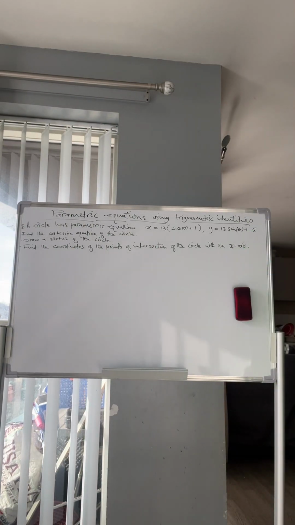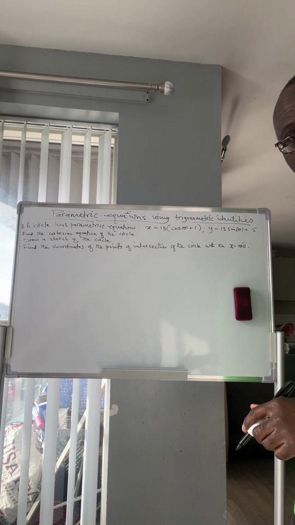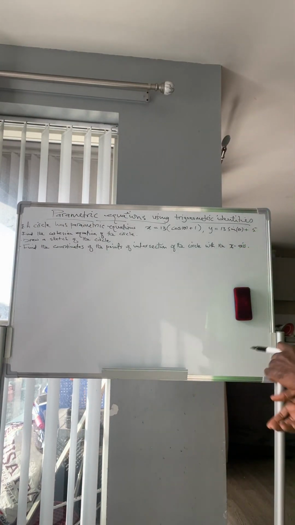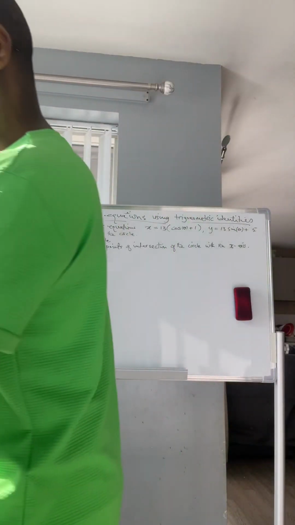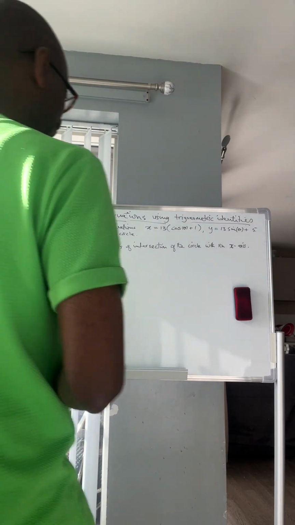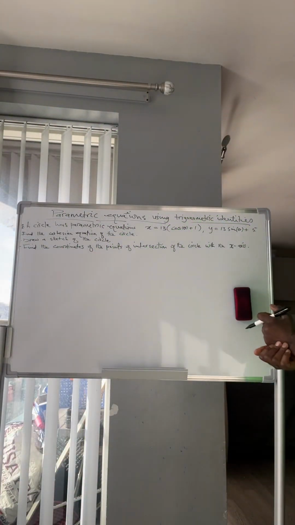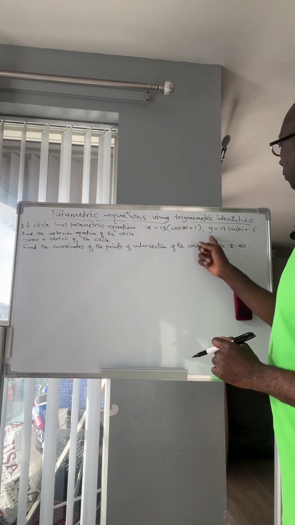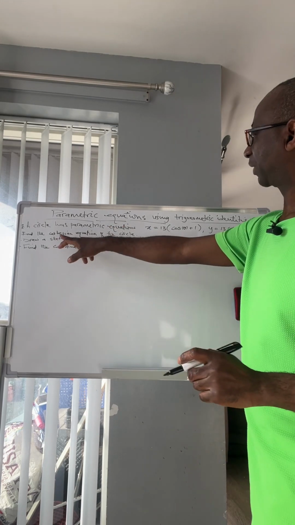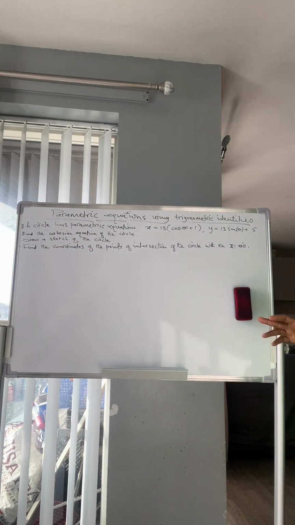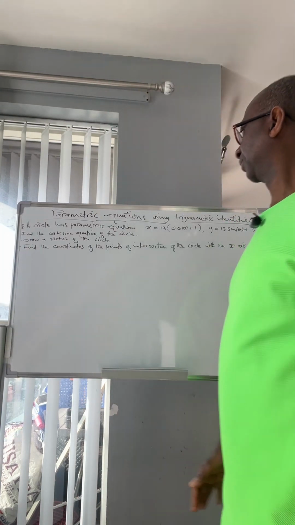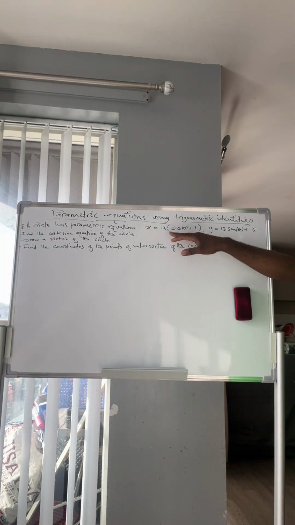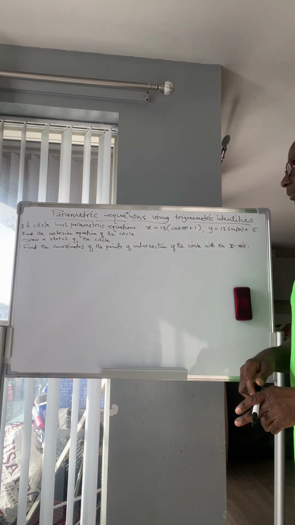We now know what we should do with parametric equations. You always try to make the parameter the subject of the formula so that you'll be able to get rid of it. Here we have x and y, and we are asked to find the Cartesian equation, so we need the x and y axes. That means we're going to make theta the subject of the formula.